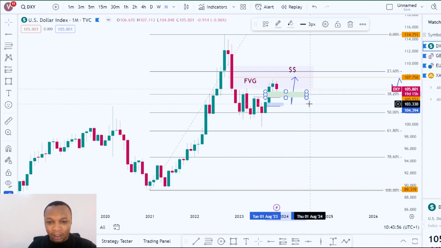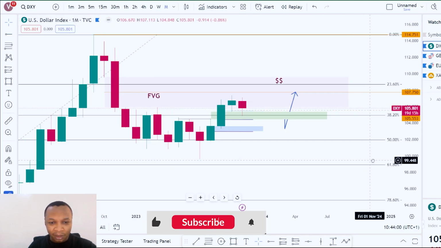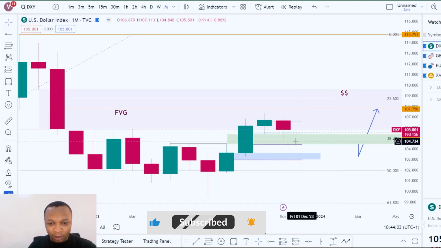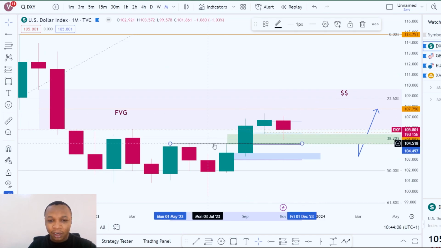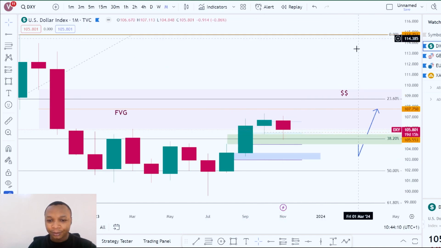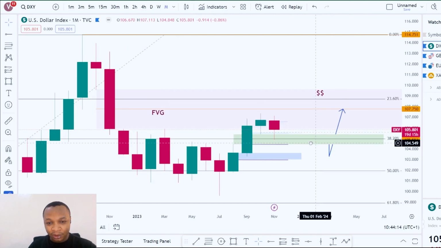So the dollar has traded into this fair value gap right here that is marked green, and now it's considering its move back to the upside. This is the movement it made, traded into here and returning back up.